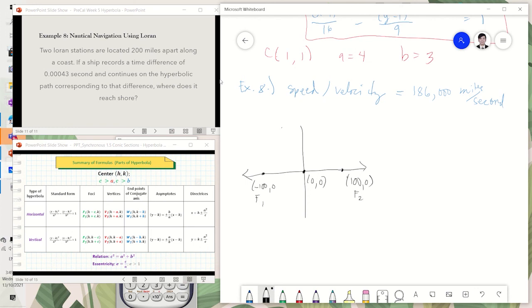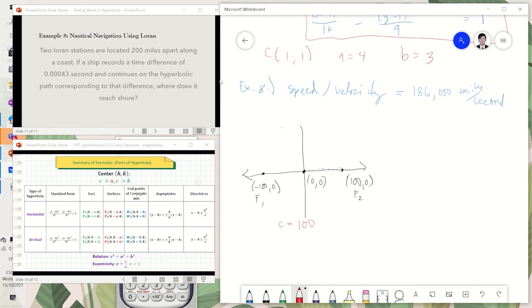So (-100, 0). From the center going to either of our two foci, that would give us the length of c. And c is 100.